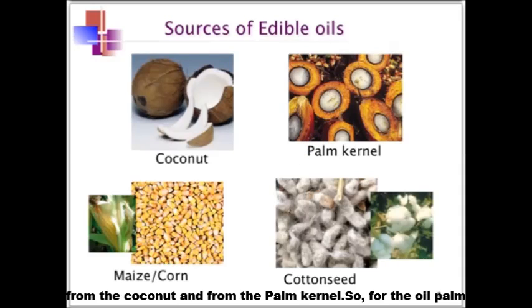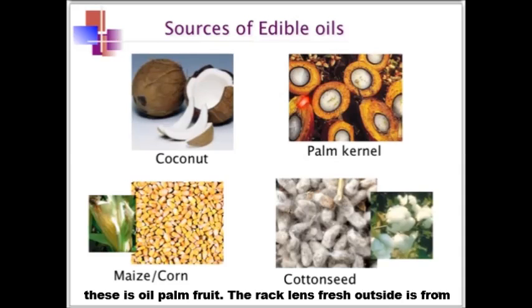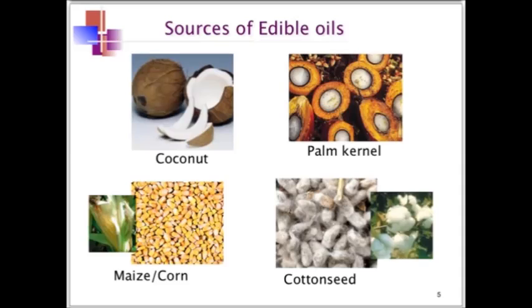So for the oil palm, this is the oil palm fruits. The red, the orange flesh outside is where we can get the crude palm oil, and the white flesh inside is actually the palm kernel, and we can extract the palm kernel oil, which has a different physical and chemical composition from the palm oil.